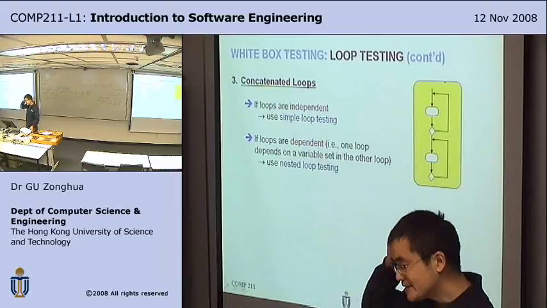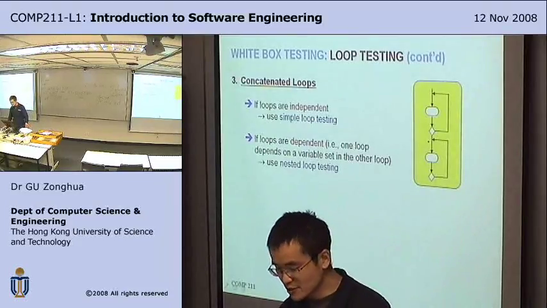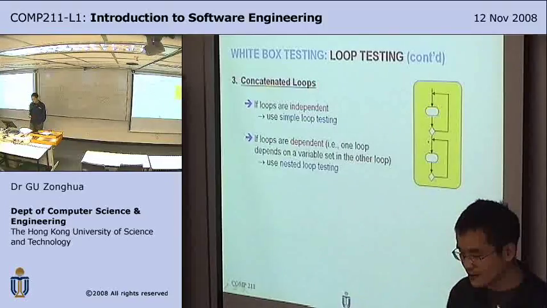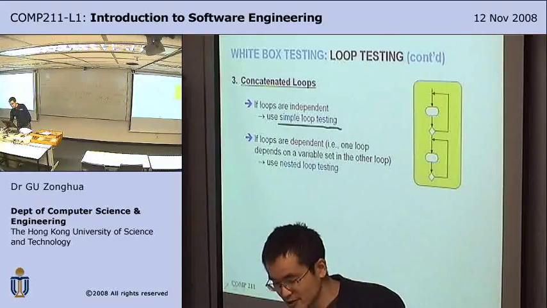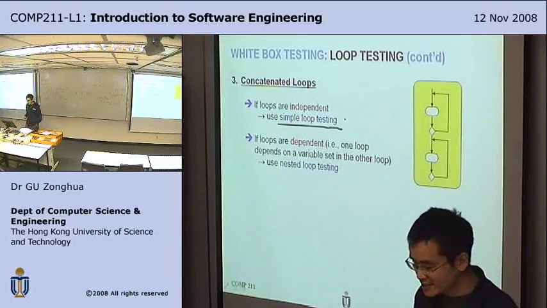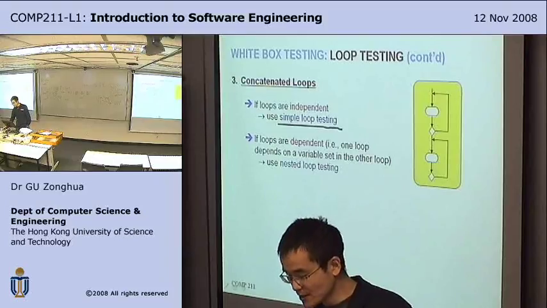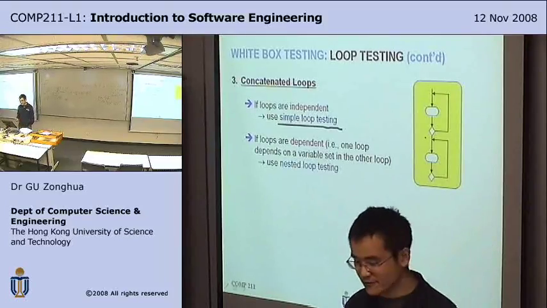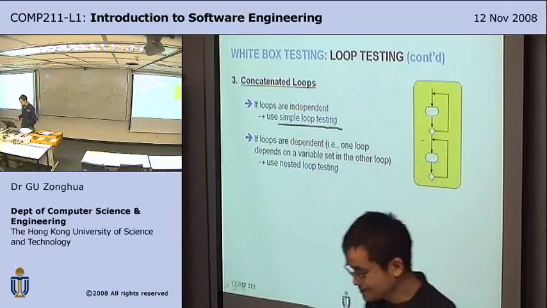If the loops are independent, that is, the second loop's iteration variable does not depend on the first loop's iteration variable, then you can use simple loop testing to test each one separately. If the loops are dependent, that is, if one loop depends on the variable set in another loop, perhaps the first loop sets the iteration bound for the second loop, then you should use nested loop testing, treating the second loop as the inner loop of the first loop.